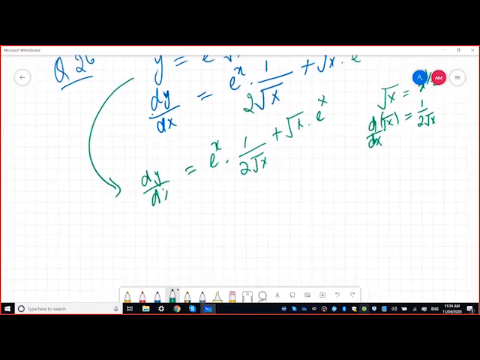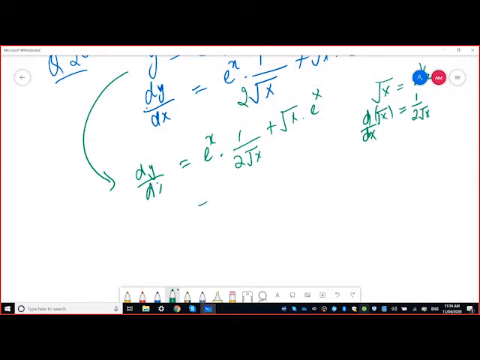Okay, and if we try to solve this, it becomes e^x into 1 over 2 under root x plus e^x into under root x, which we have already written. So I just wrote it once more.